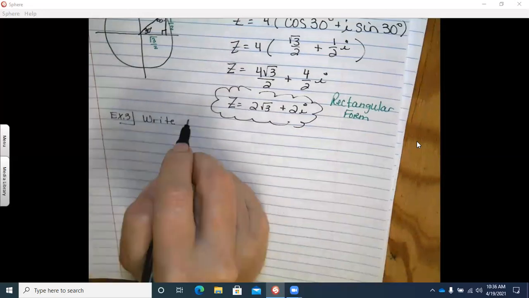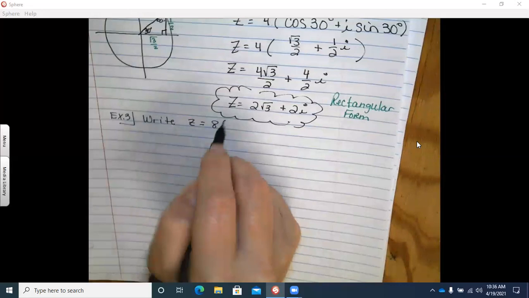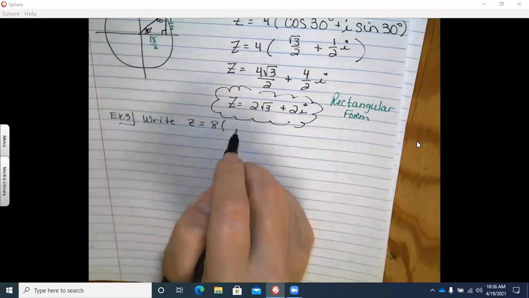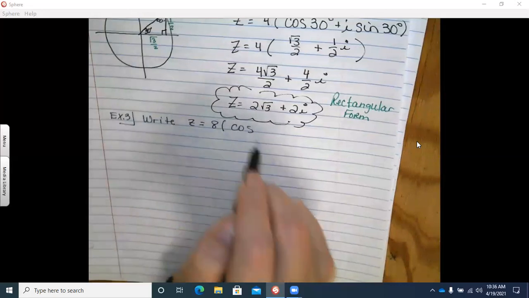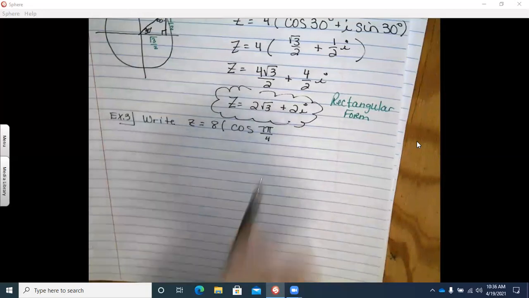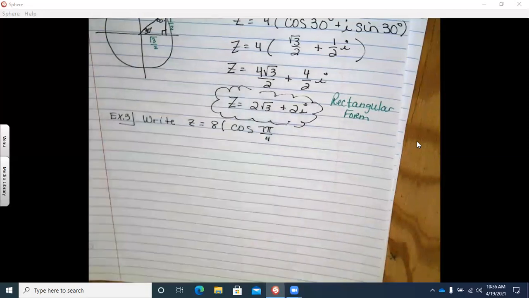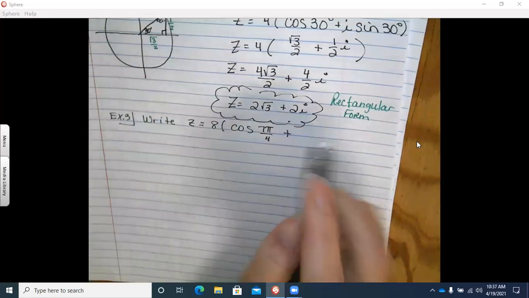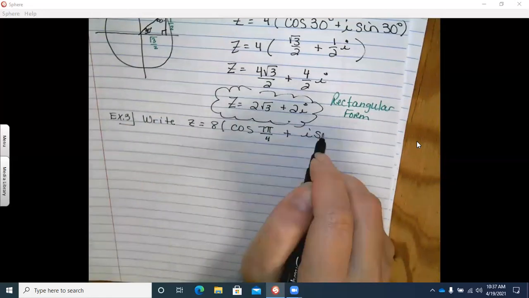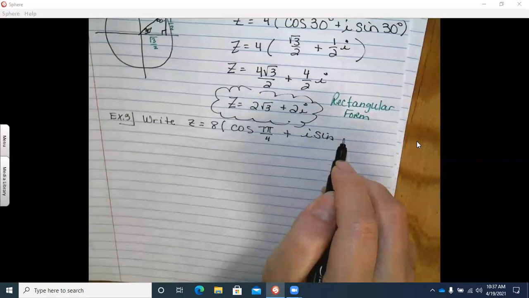z equals 8 times, open parentheses, cosine of 7 pi over 4 plus i times the sine of 7 pi over 4.